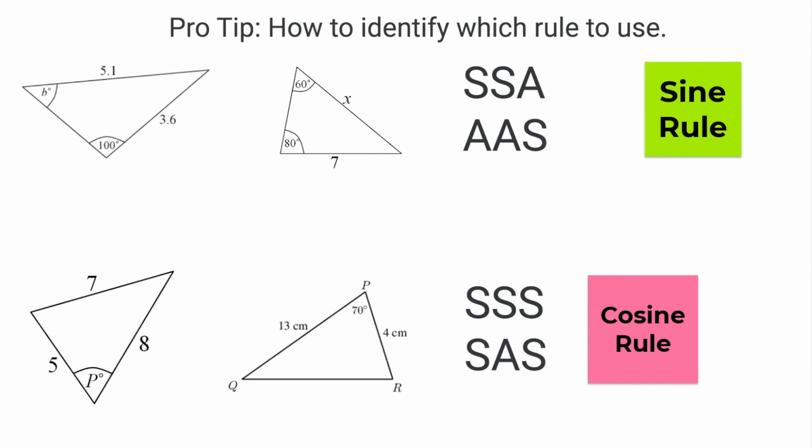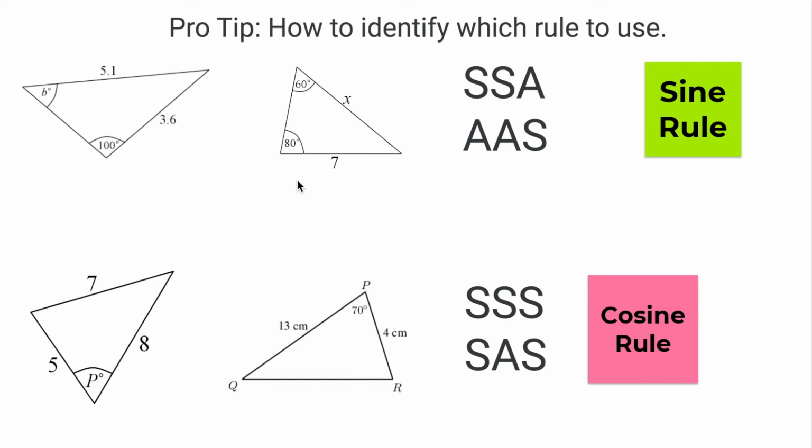To use the two rules, we need to be able to identify which rule to use for which type of triangle. If you have a triangle where you have a side and an angle, in the order side, angle, then use the sine rule. For example, this first triangle.